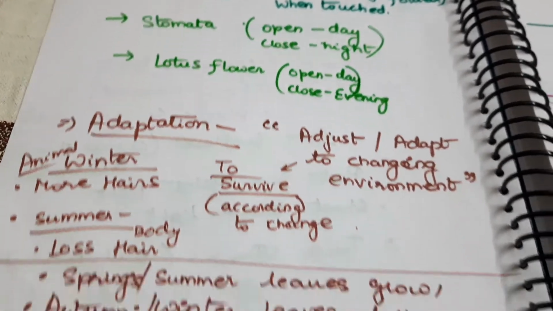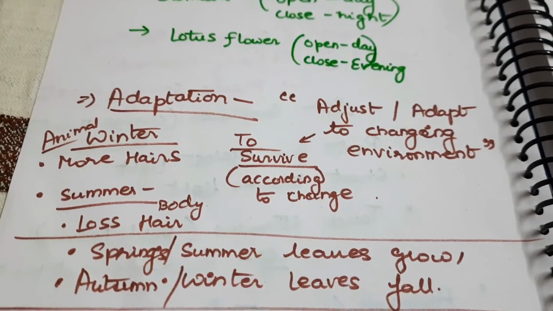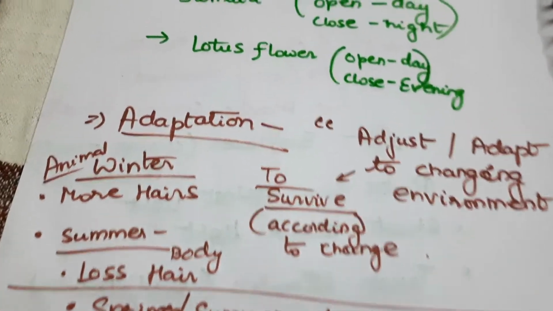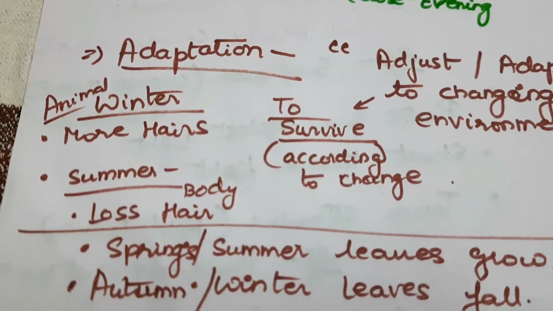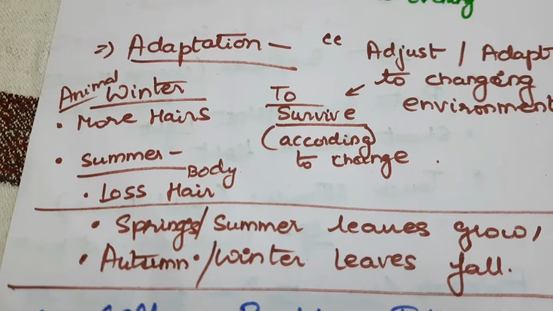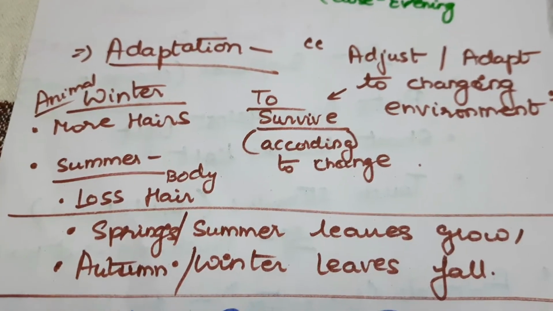Now coming to adaptation, to adjust according to the changing environment. Why? Because we have to survive. Animals in winter grow more hair and in summer lose their body hair, like polar bears. They also change color according to their adaptation.